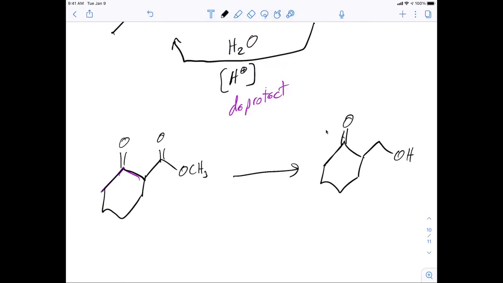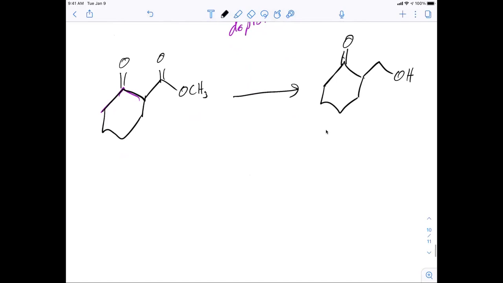So if I want to do that reduction, I'd have a problem. If I use sodium borohydride, and remember sodium borohydride, that should be 4. Sodium borohydride we can do in methanol.